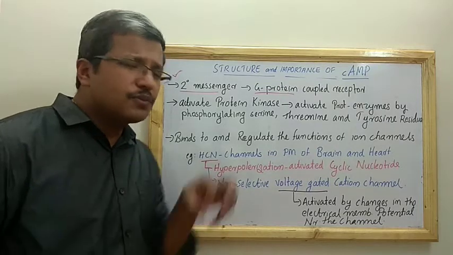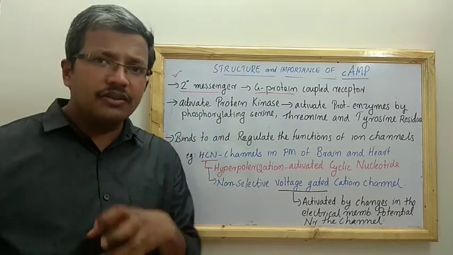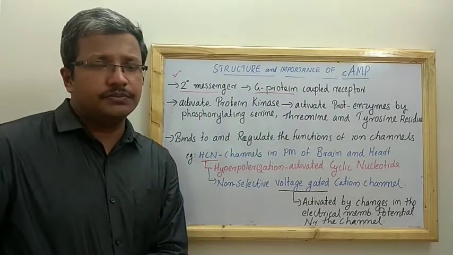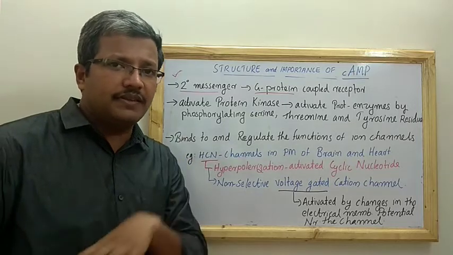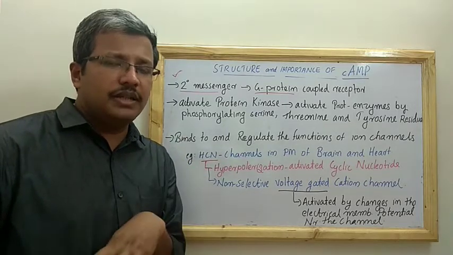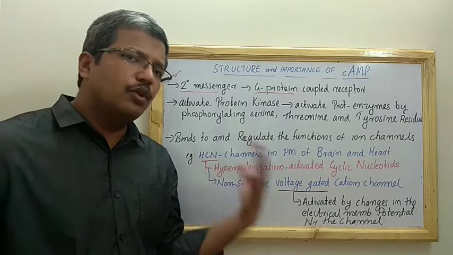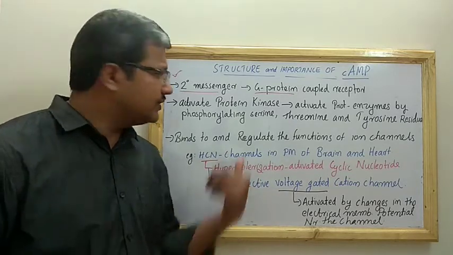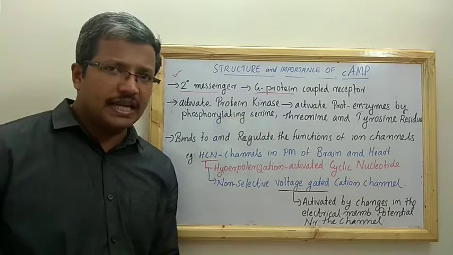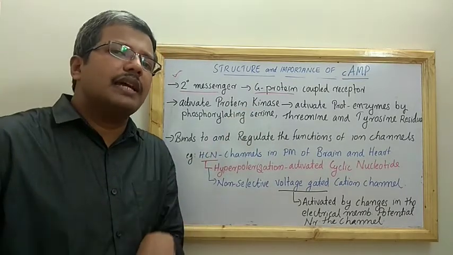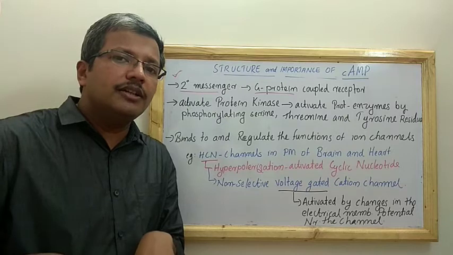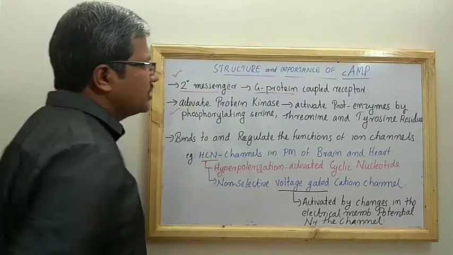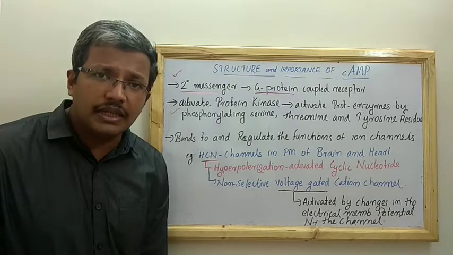It is by phosphorylating the serine, threonine and tyrosine residues, the amino acid residues within the enzyme. That will be phosphorylated, and as a result the enzyme will be activated. This enzyme activation is done by this particular protein kinase enzyme, and the protein kinase activation is in turn done by the cyclic AMP. So that is the second function, or importance, of cyclic AMP.